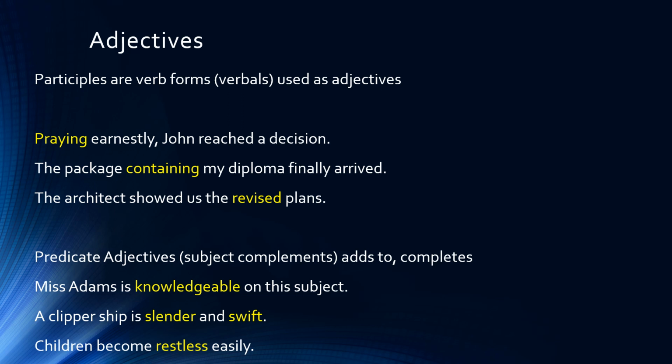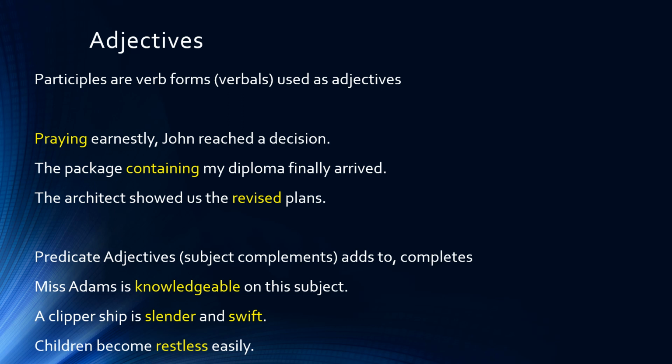Containing modifies the word package. It's a verb form. The architect showed us the revised plans. What kind of plans? Revised plans. So these are participles and they're being used as adjectives.